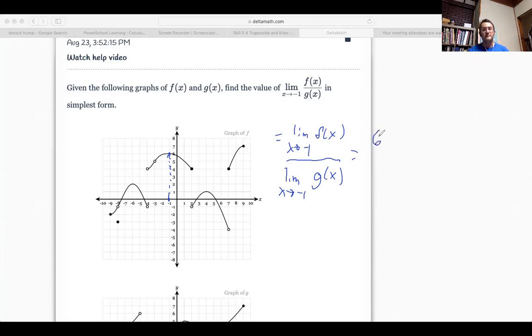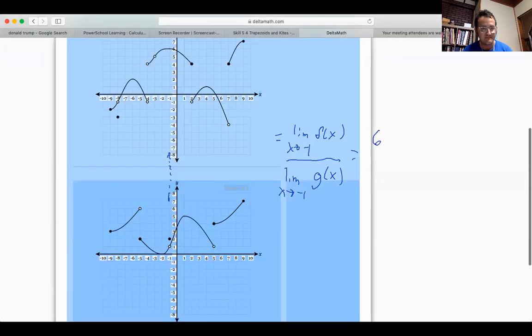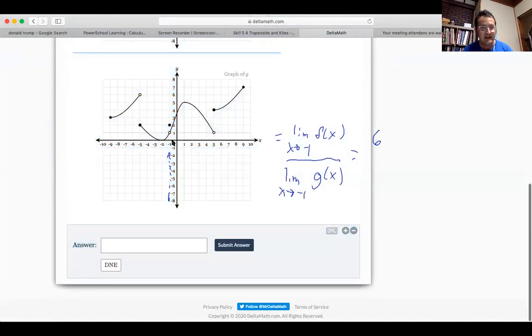And then I'm going to go to my graph of g and find out what that limit is going to be. I'm going to go down a little bit. And what I notice here is that white circle, just a little bit below -1 and a little bit above -1.